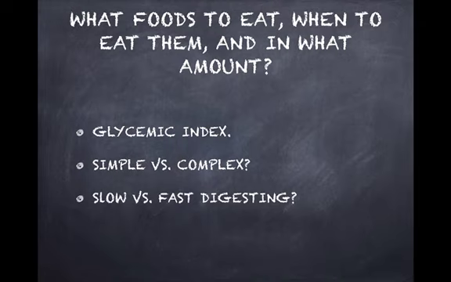Slow digesting foods after exercise are going to break down really slowly. They're going to put glucose into your bloodstream at a really slow rate. The cells aren't going to repair as fast.